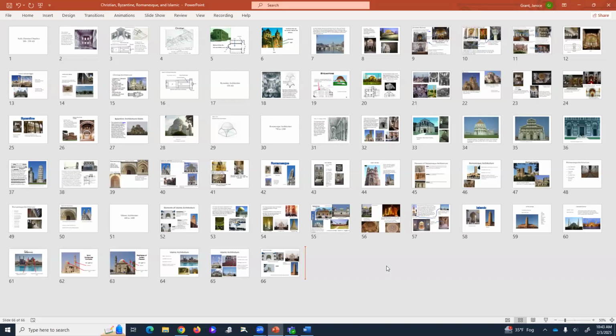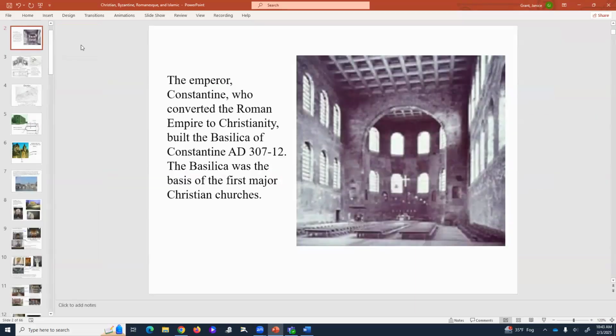So he was very instrumental in that movement. Number 8, the basilica. Basilica is the word. He built a basilica, which was used as a meeting place but became the basis of the first major Christian church. Did I put that in here? Yeah, the basilica right there.